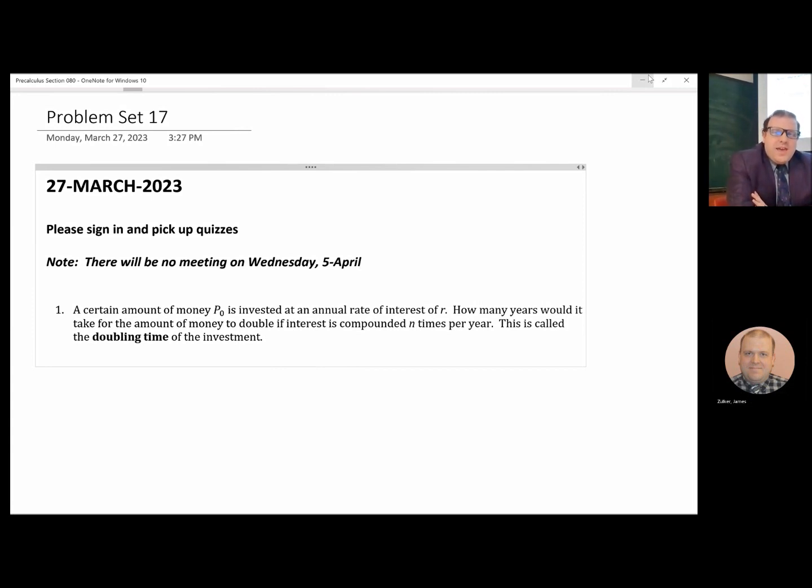So you were told an amount P naught is invested at an annual rate of interest R. We want to find how many years it would take for this initial investment to double if interest is compounded n times per year. This is known as the doubling time of the investment.